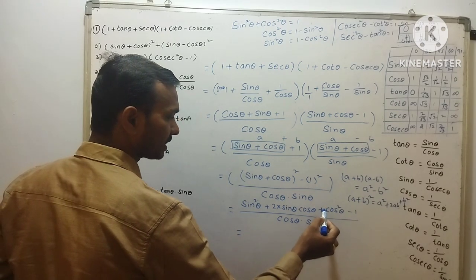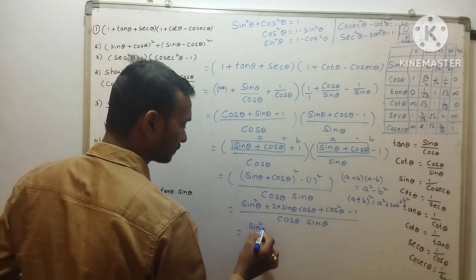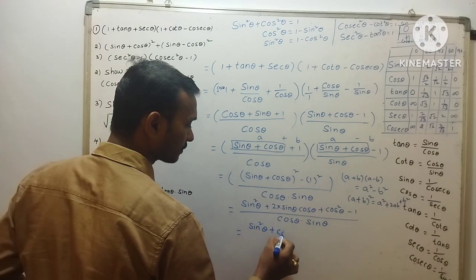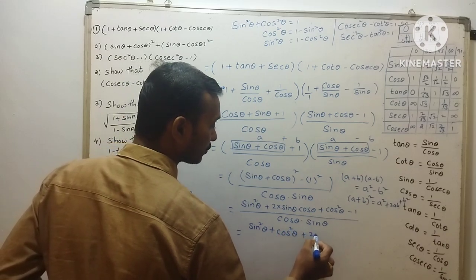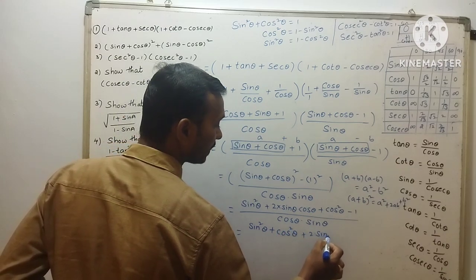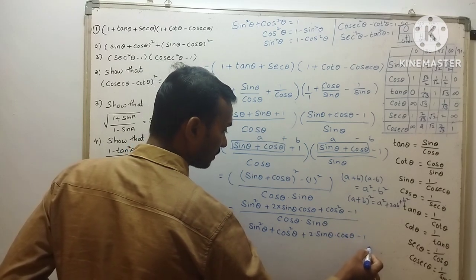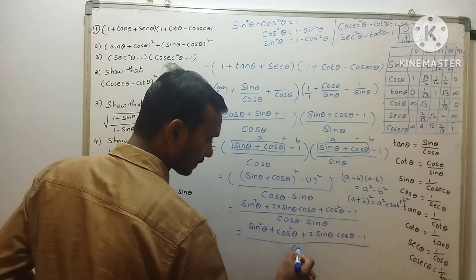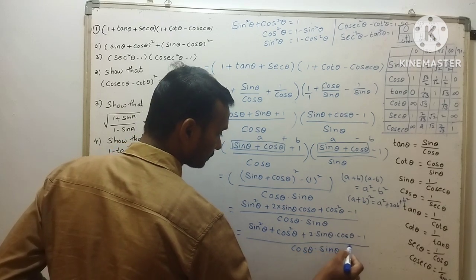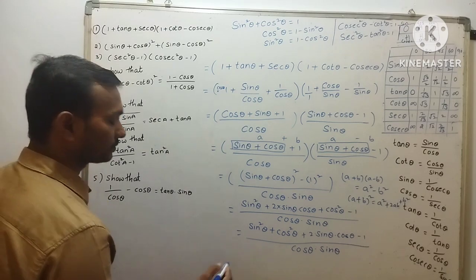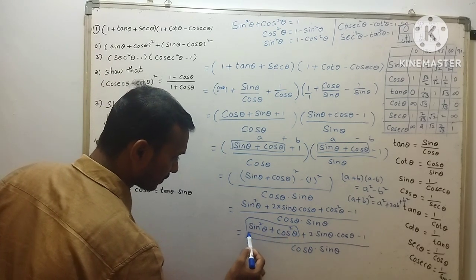So now you see sin square theta plus cos square theta. You write these two together. After that you write 2 into sin theta cos theta minus 1 by cos theta into sin theta. So now you see, observe these two. Sin square theta plus cos square theta is equal to 1.